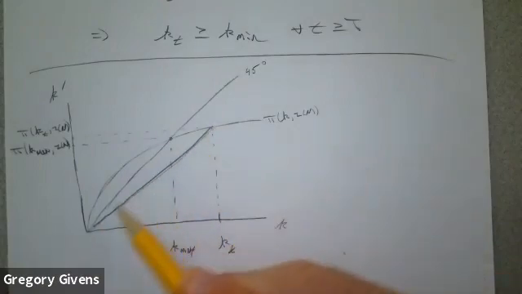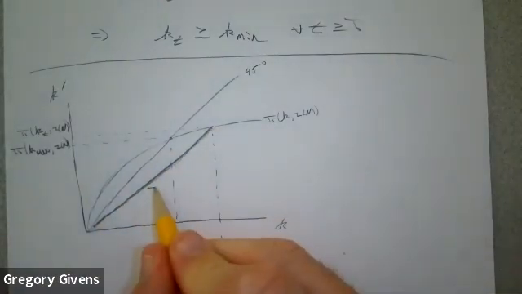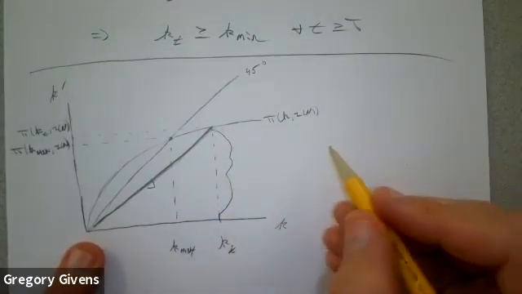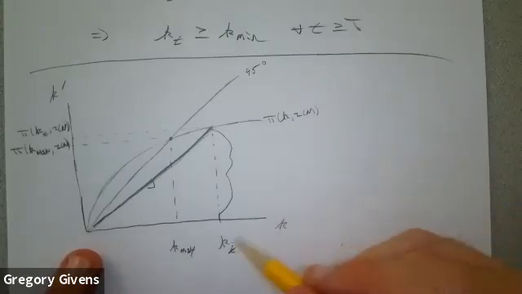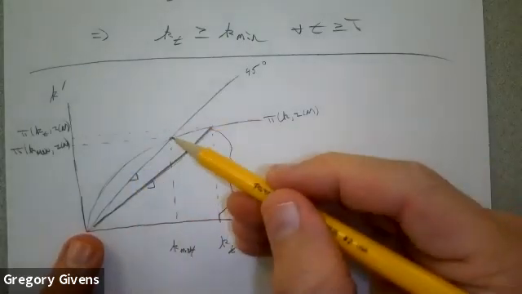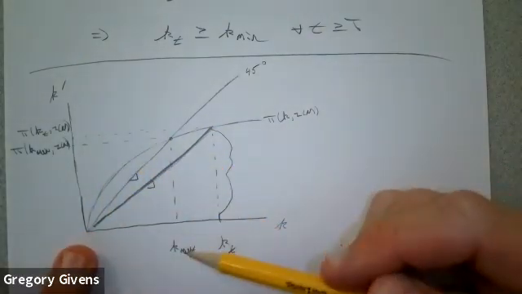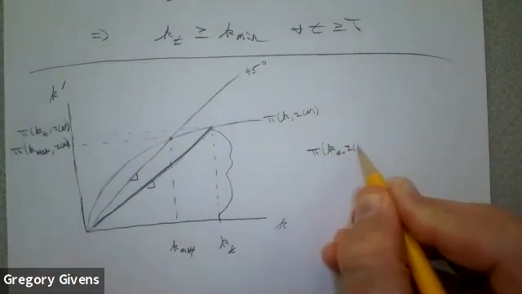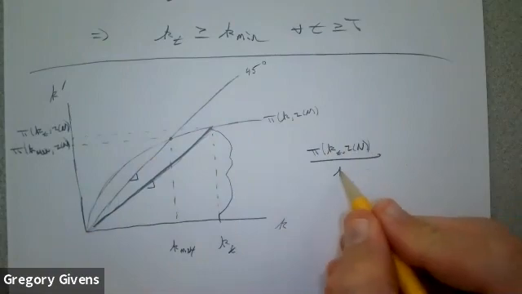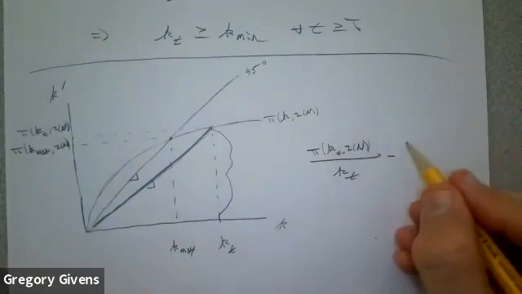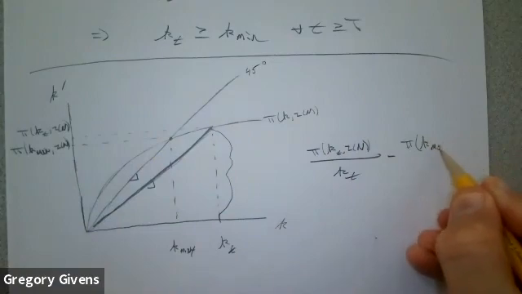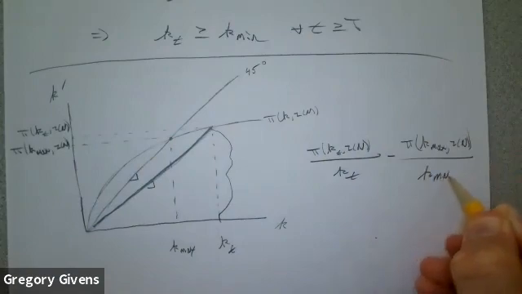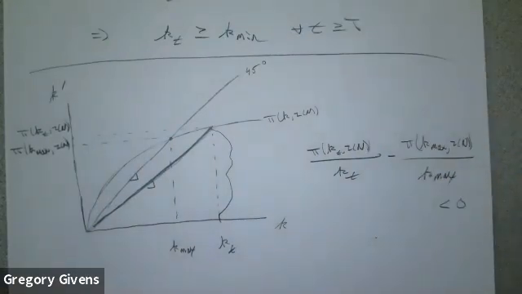Sorry for my poor sketch. But the slope of this secant would be pi of K_t, Z_n over K_t, and the slope of this secant is pi of K max, Z_n over K max. So pi of K_t, Z_n over K_t minus pi of K max, Z_n over K max is going to be strictly less than 0.